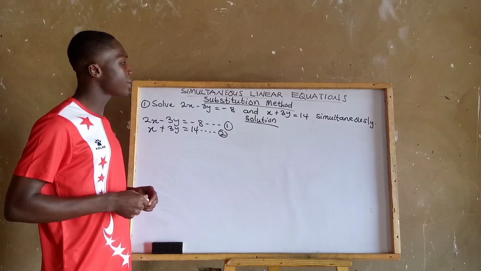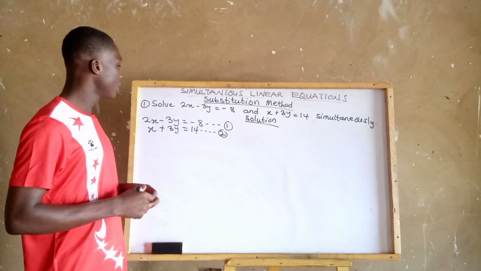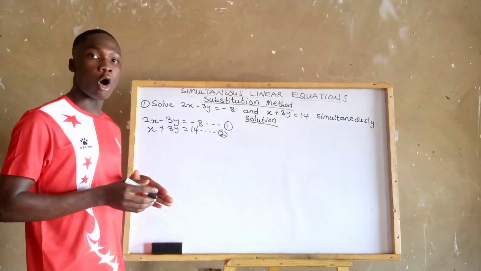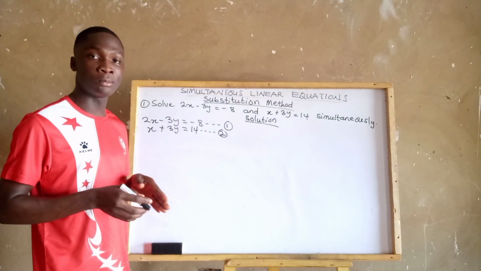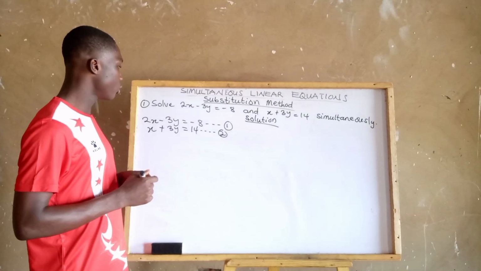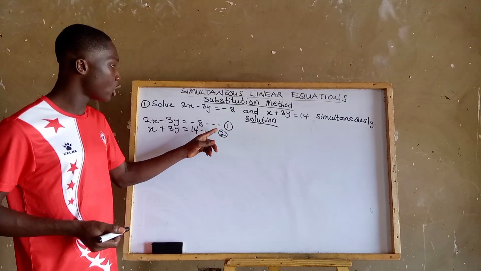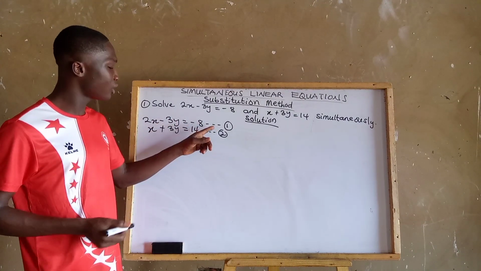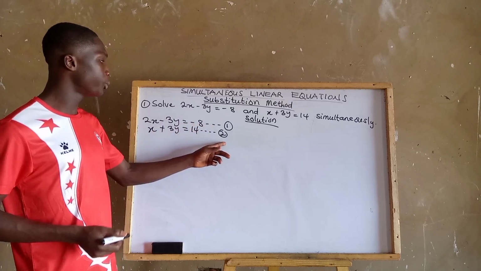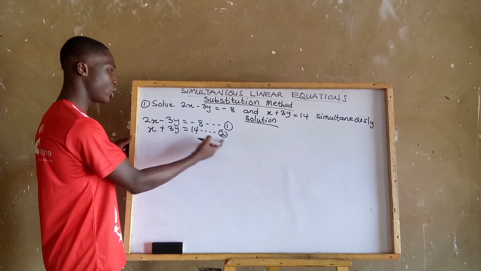In the method of substitution, you have to make x or y the subject from either equation 1 or equation 2. So you can choose to make x the subject from equation 1 or y the subject from equation 1, or x from equation 2 or y from equation 2. Let's make x the subject from equation 2.